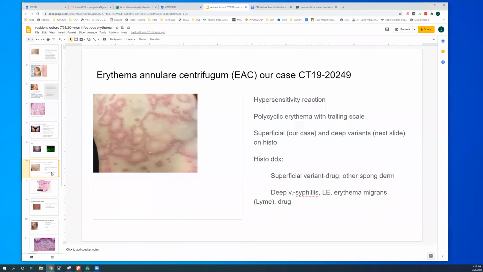Okay, so let's go on to erythema annulare centrifugum, or EAC, we like to call it. And we had a case from our files here. It's a hypersensitivity reaction, polycyclic with erythema with trailing scale. There are superficial and deep variants histologically. Let's look at our case, which is a superficial variant.